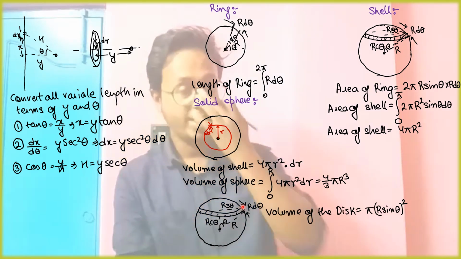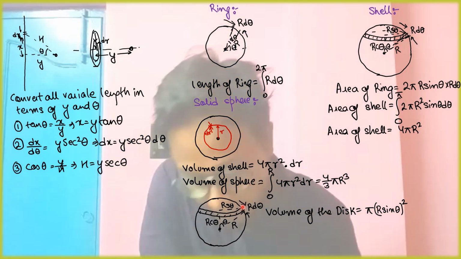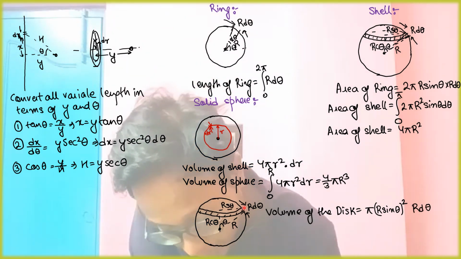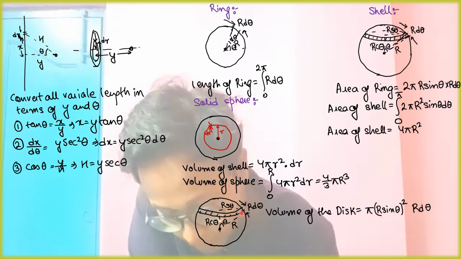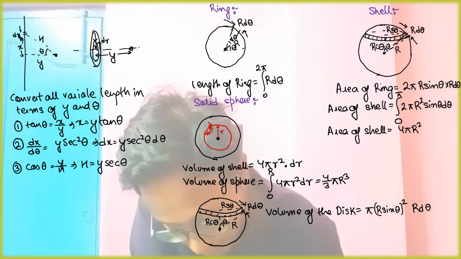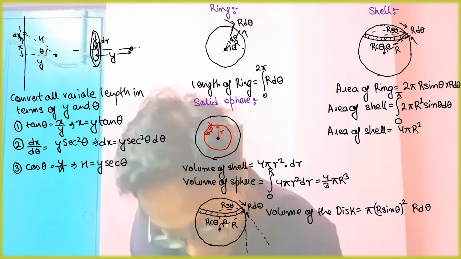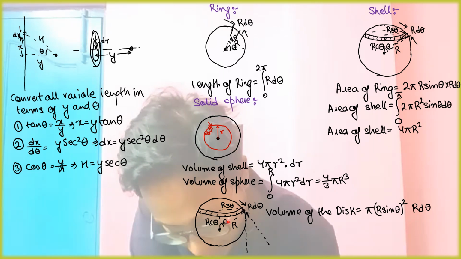Out here, while taking the length, do not make a mistake of directly putting r d theta. Okay, don't make this mistake. We have to take the vertical component of this length. That means we have to take the height. See, the r d theta, the length is along this line, no? We have to take the length along this line, or vertical line. So if this angle is theta, that means this angle is also theta, isn't it?